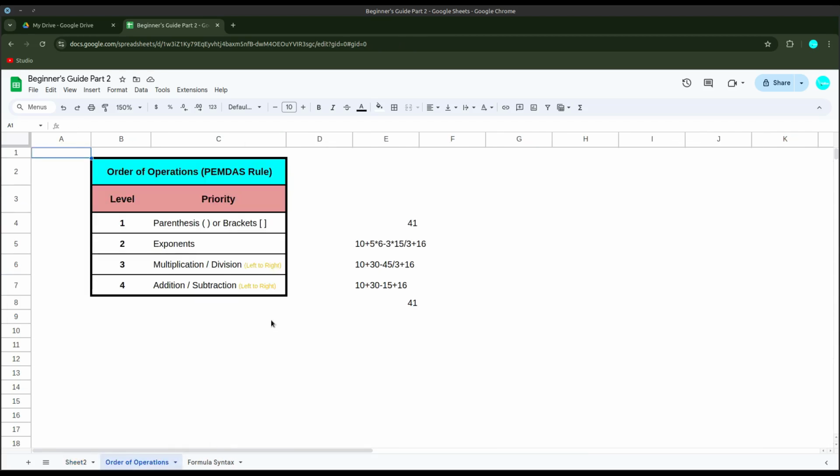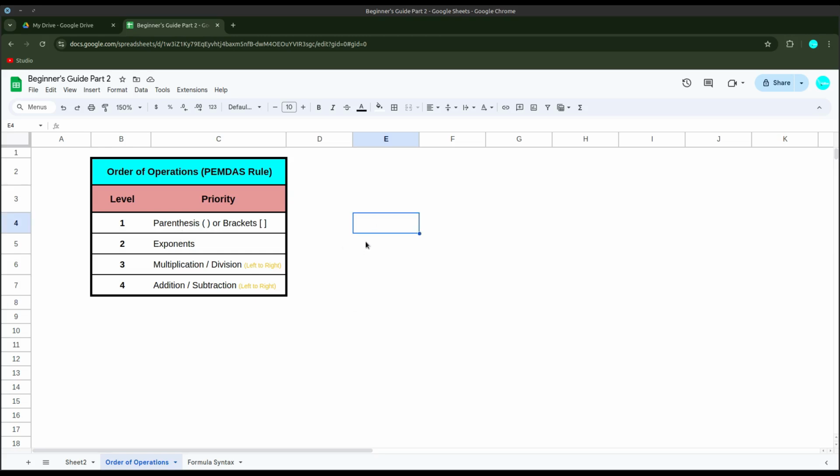In math, there is a rule called PEMDAS, and according to this rule, there are operations which have different priorities, and for each priority there is a level assigned, and while calculating an equation we have to follow these priorities. The first level is parentheses or brackets.